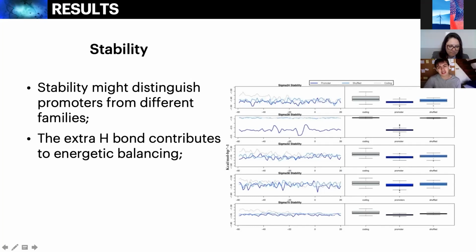This balanced structure is generally found because we have differences in the hydrogen bonds between ATs and between CGs, the nucleotides. And the promoter sequence tends to have different ATs and CGs. So with this difference, we can basically explain the stability level of it that tends to be lower. For instance, we have ATs with 2 hydrogen bonds and CGs with 3 hydrogen bonds.